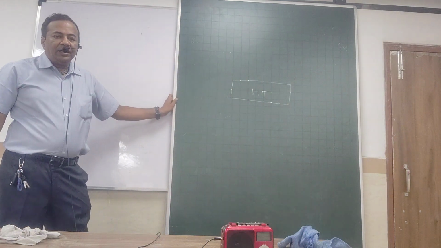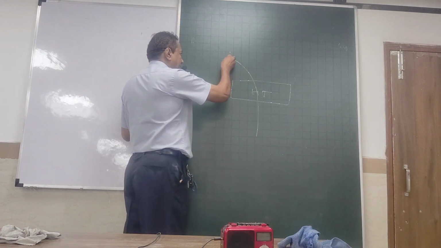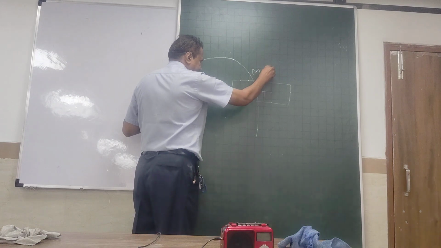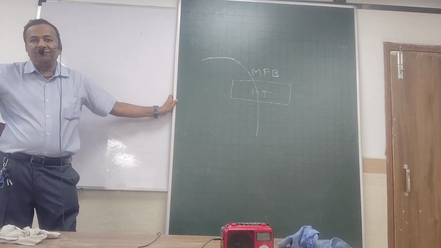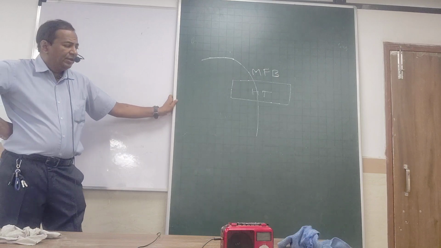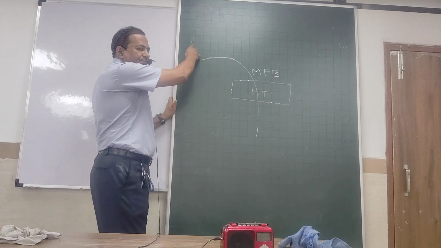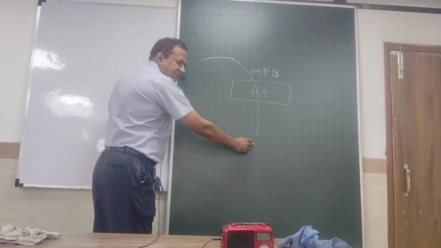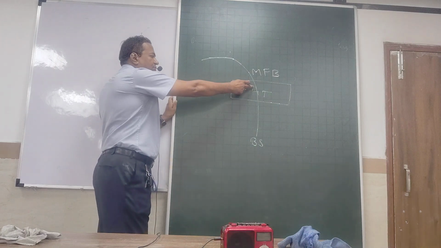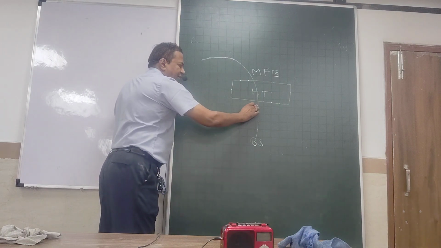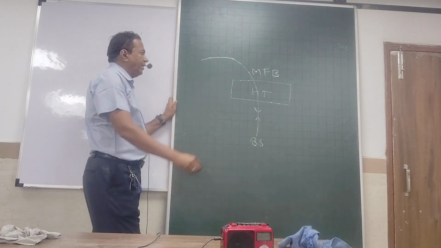There are 2 bundles passing through hypothalamus, and one of them is called the median forebrain bundle. I am just giving a cranial caudal orientation. This is the caudal side. It runs from brainstem to hypothalamus and goes through hypothalamus. So brainstem and hypothalamus communicate two-way through the median forebrain bundle.